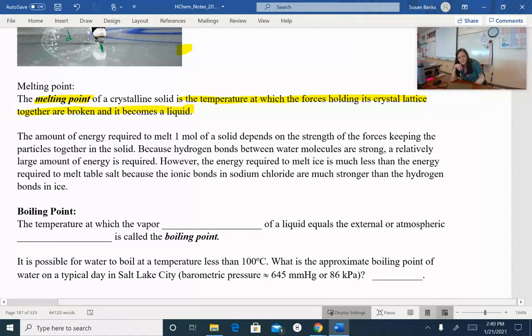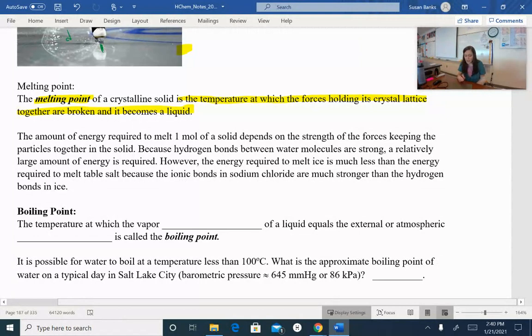Okay? The amount of energy required to melt 1 mole of a solid depends on the strength of the forces keeping those particles together in the solid. Because hydrogen bonds between water molecules are very, very strong, a relatively large amount of energy is required to melt ice.